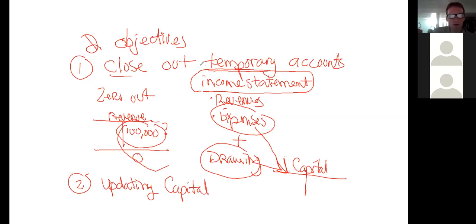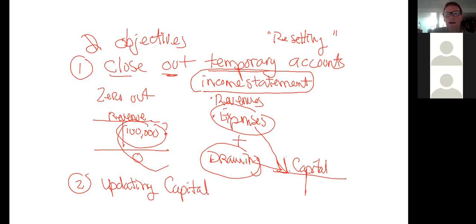Just because we close these out, it's like we're resetting the accounts. We're going to use the same accounts again. Each month we start over at zero, accumulate revenues, expenses and drawing, and then transfer them into capital.